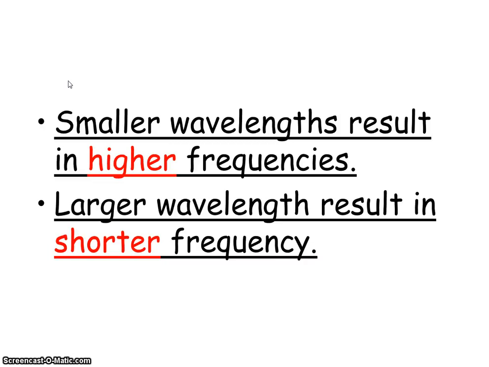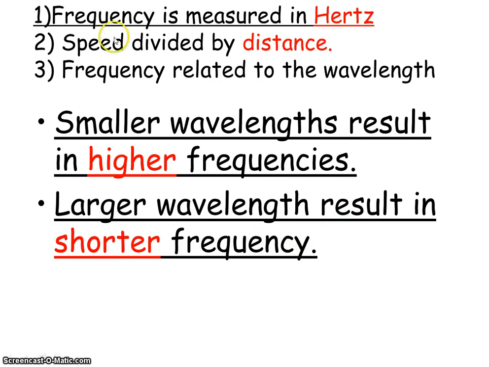And the larger wavelengths, obviously, result in a shorter frequency. The longer the wave, not as many of them can pass a point in that second. So, a wave with a small wavelength, higher frequency, more hertz. Larger wavelength, longer waves, shorter frequency, less hertz. And frequency is measured in hertz.